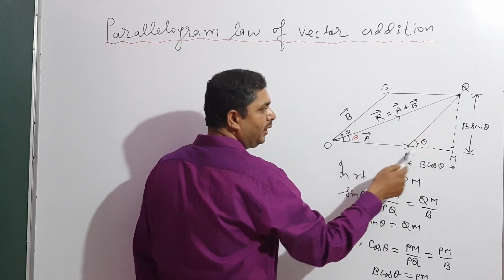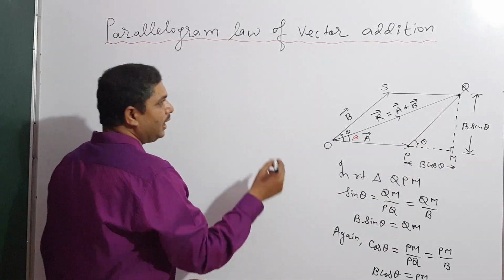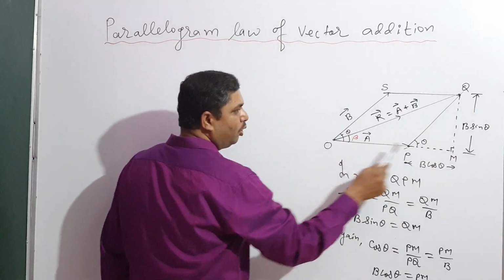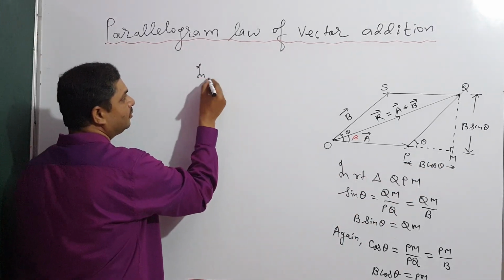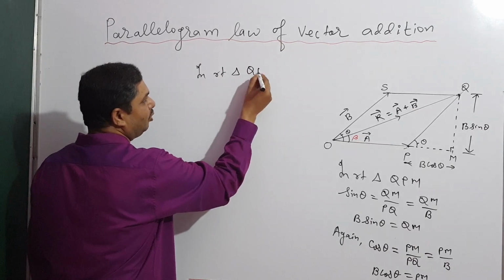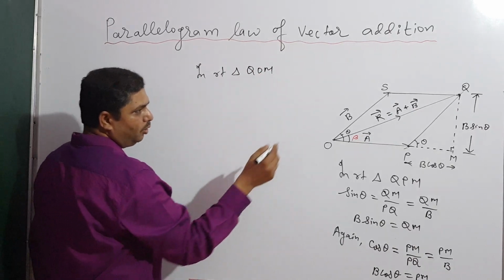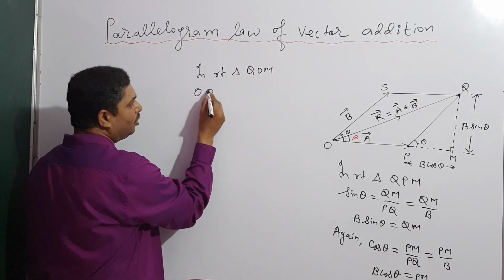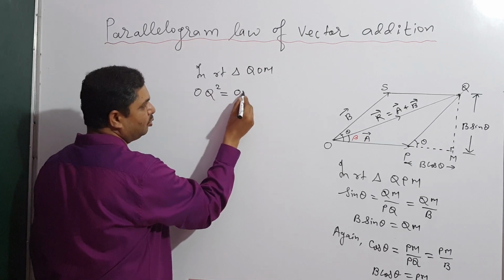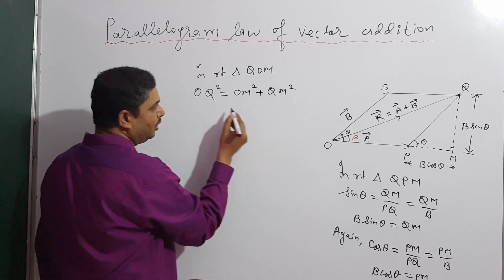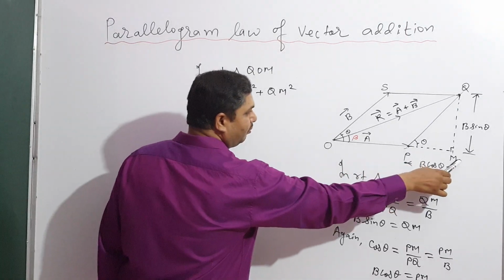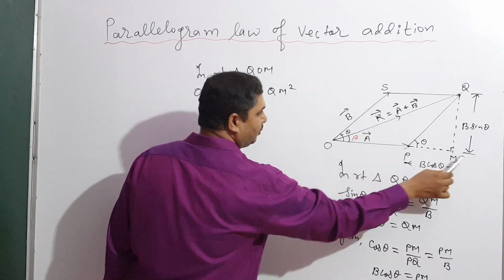Now in right triangle QOM, you have to use the Pythagoras theorem. OQ square equals OM square plus QM square. So OM equals OP plus PM.